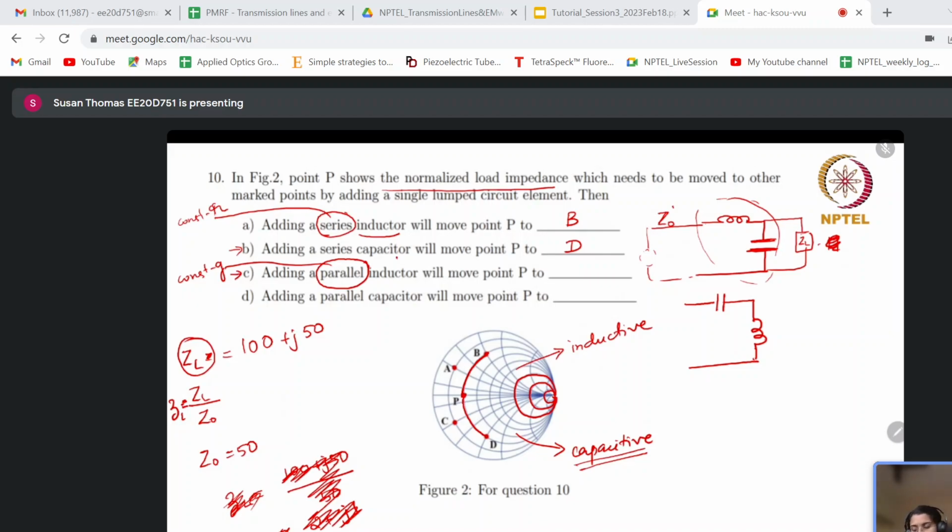If it is an inductor and it is parallel, move along the constant G circle towards the upper half of the Smith chart. So this will be A. And the last option is D, adding a parallel capacitor. So move along the constant G circle, because it is a capacitor, towards the lower half. So it is point C.